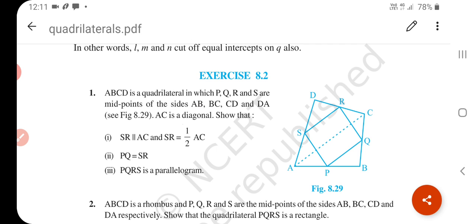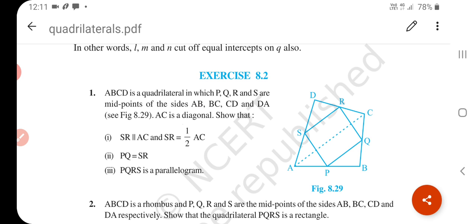So what is given here? ABCD is a quadrilateral and P, Q, R, S are the midpoints of its sides. If we join these four, then from the figure we can see there is a quadrilateral. Okay, and AC is a diagonal.